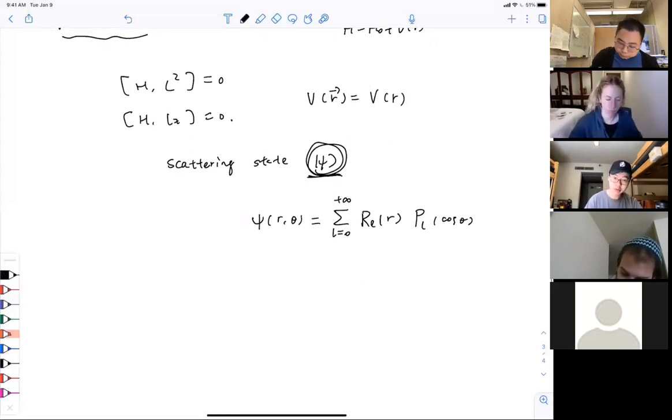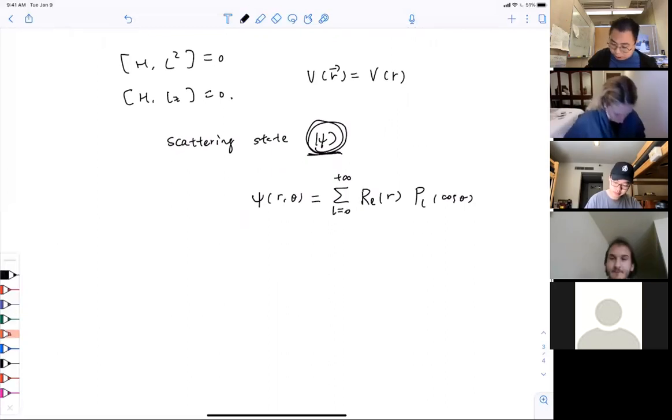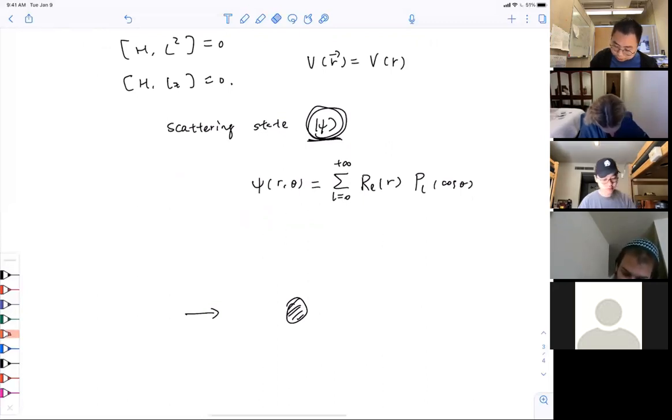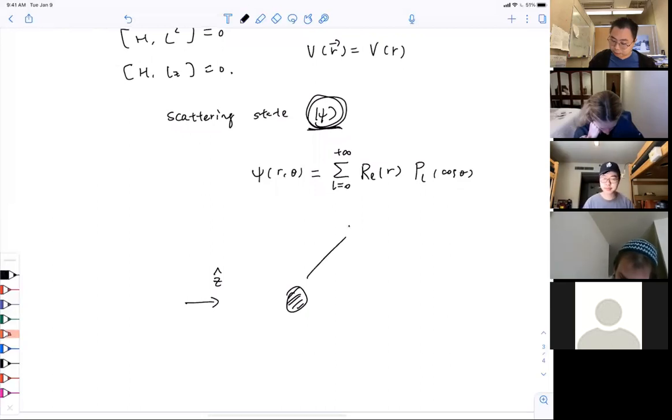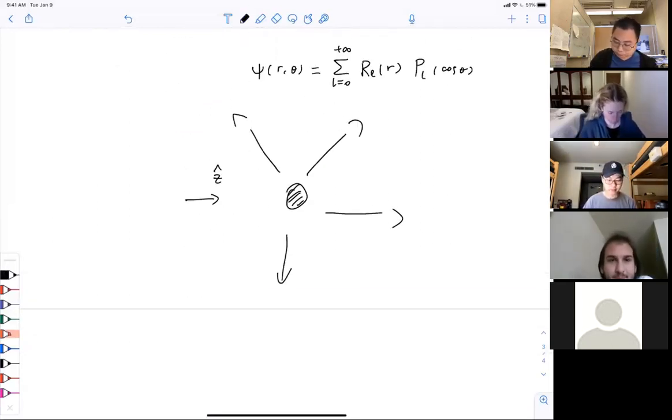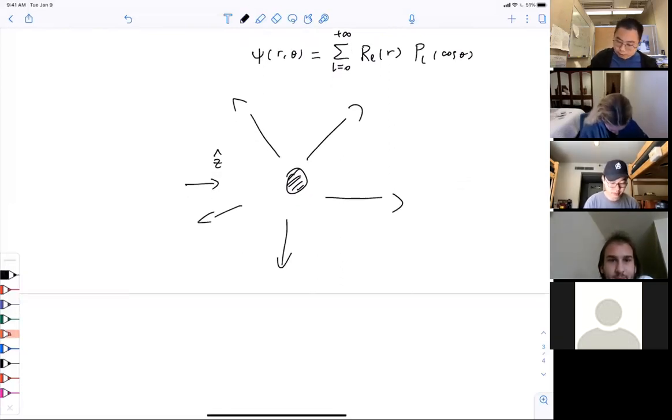Okay, so now the same setup. We have some scattering potential, we have an incoming wave, assuming this direction is the z direction, and we have some outgoing wave. And we look at some point at infinity, far away from the scattering potential.